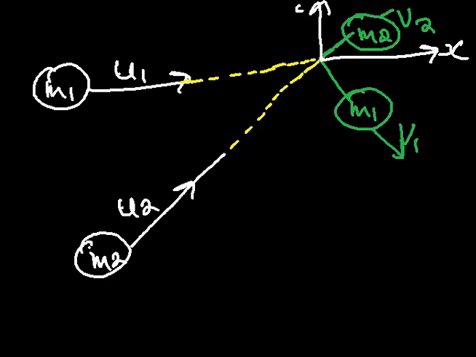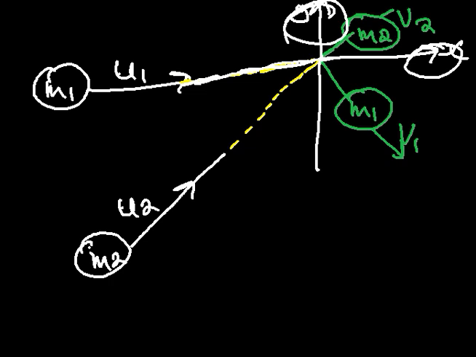This is the y-axis, and we can have it in the same way like that, and also in the same way like that. So you can see that we now have a two-dimension coordinate system, where this is the y-axis and this is the x-axis.